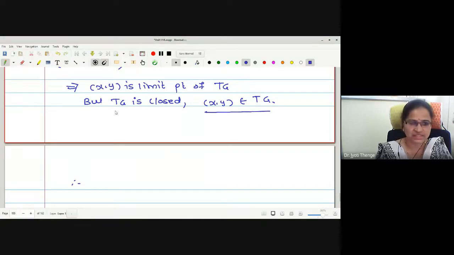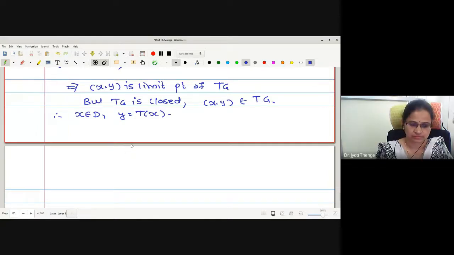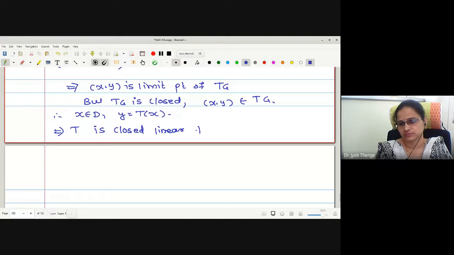Let me write on this page itself. May I say x is in D and y is nothing but the image T of the point x. Hence T is a closed linear transformation. See how beautifully the relation between the mapping being closed and its graph being closed.